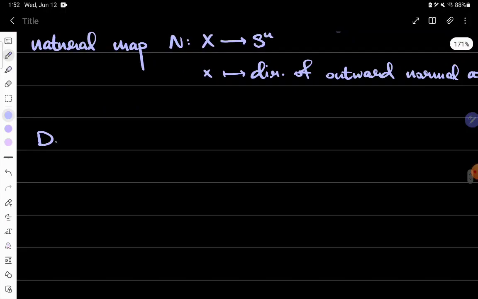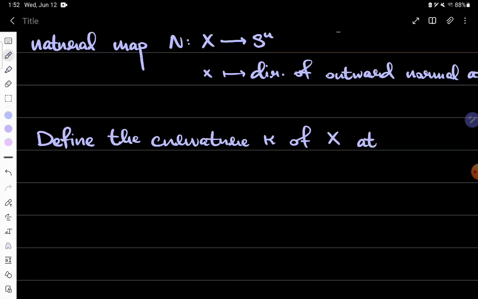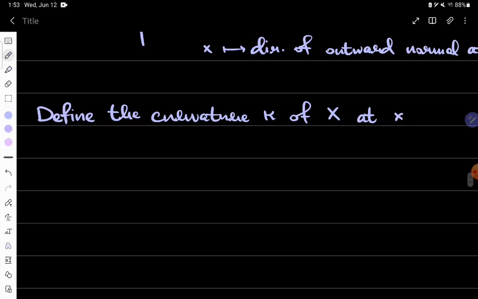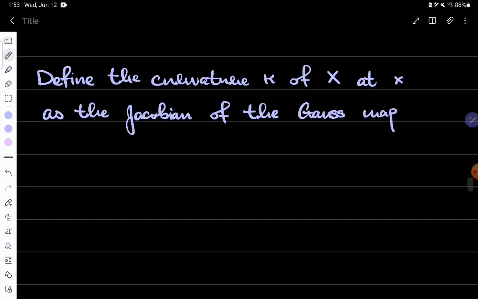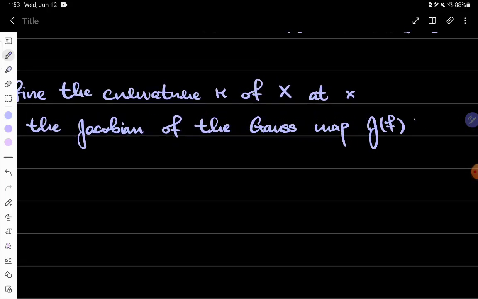So we define the curvature kappa of x at a point x, so it's a local phenomenon, as the Jacobian of the Gauss map, in the sense that we're looking at j of n at x.